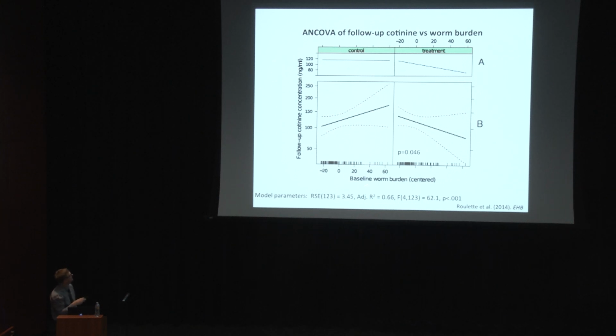So this is the control group over here, and this is the treatment population over here. Relative to the control group who received the placebo pill, the treatment group's cotinine concentrations decreased after treatment, controlling for the baseline worm burden scores.